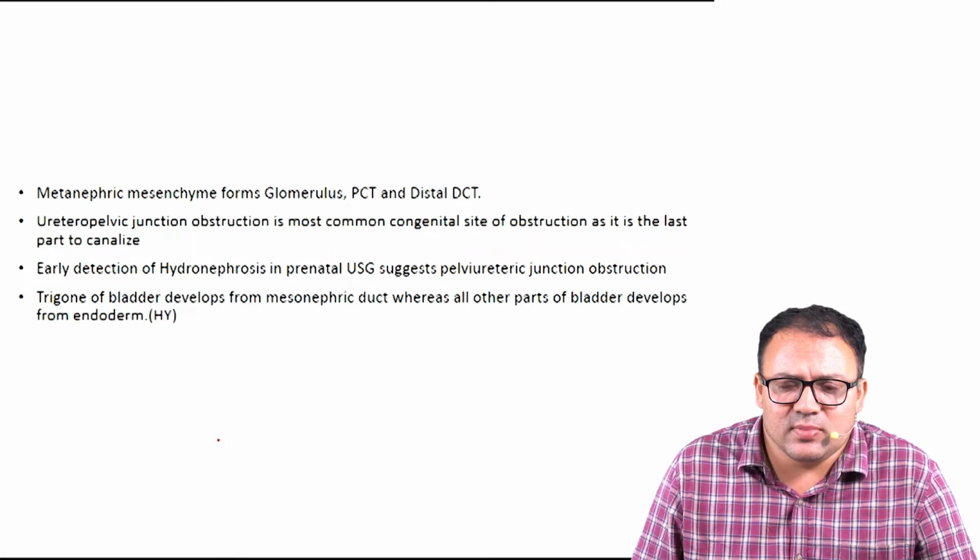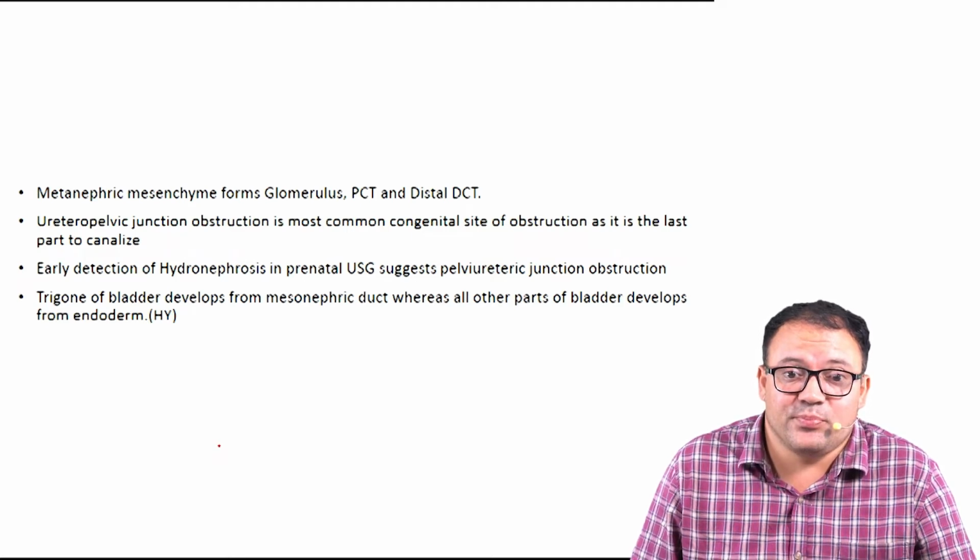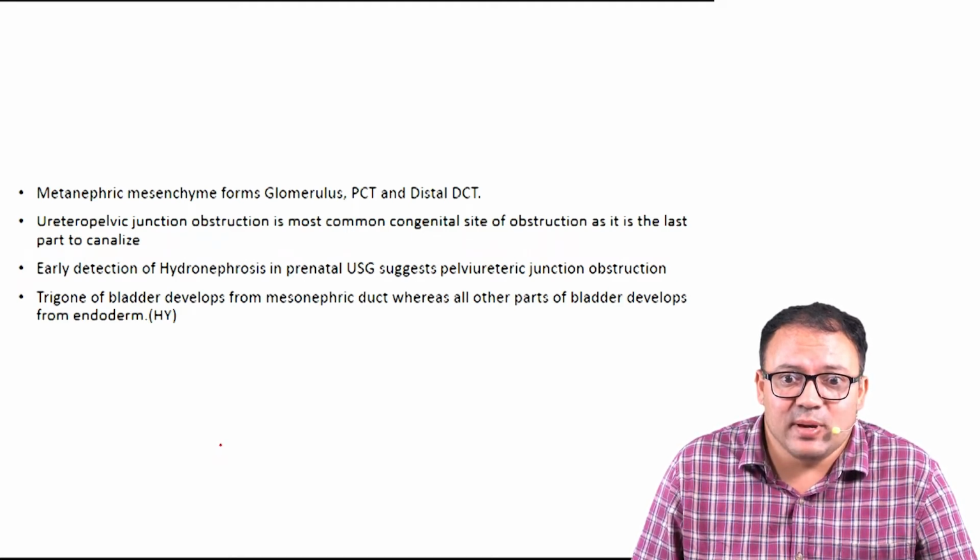So when a baby develops, the ureteropelvic junction is the last to canalize and the most common site of obstruction. Early detection of hydronephrosis in prenatal USG suggests pelvic-ureteric junction obstruction. So you have to do the anomaly scan, dating scan, if you suspect such a condition.